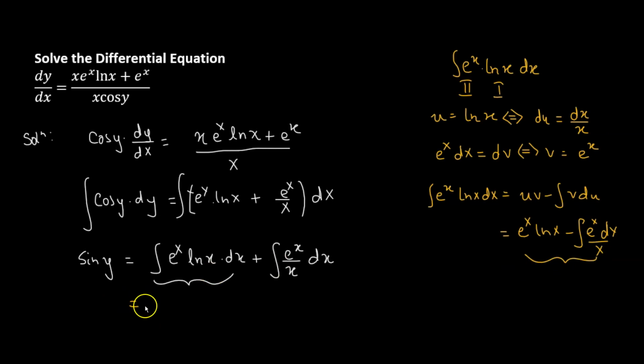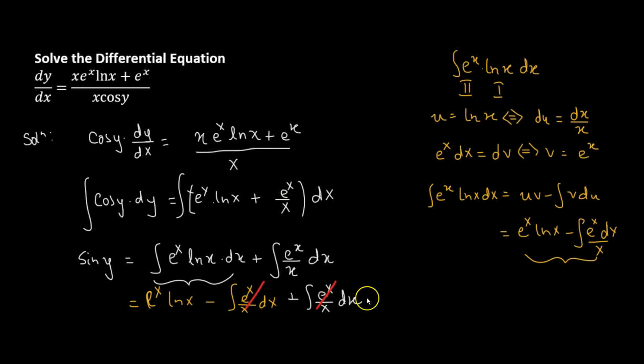So that gives us integration e raised to the power of x natural log of x minus integration e raised to the power of x divided by x dx plus the integral e raised to the power of x over x dx. And we see that here immediately the second integral and the third integral cancel out.